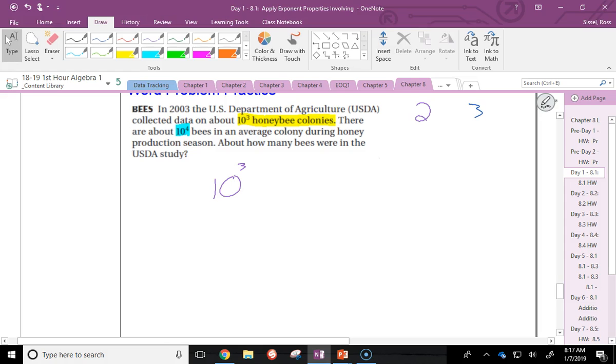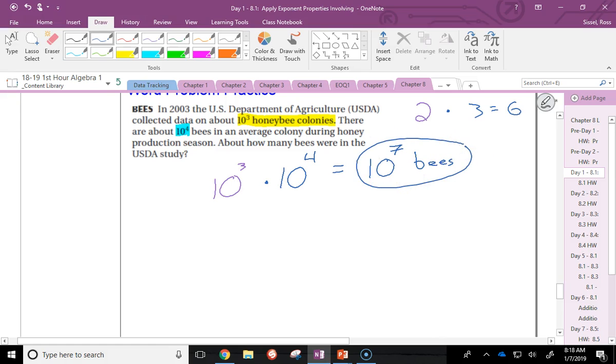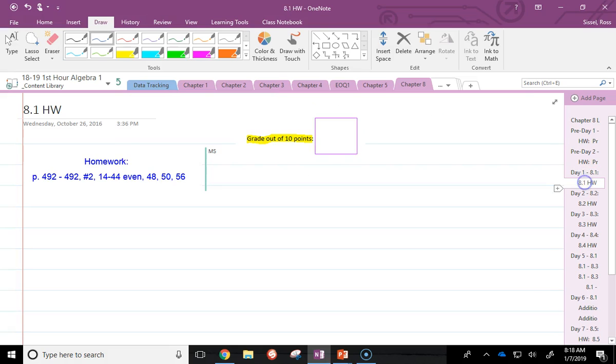You would have done 2 times 3 is 6. So here, all we're doing is 10 to the 3rd times 10 to the 4th, which gives us 10 to the 7th bees. The 2 times 3 was just an example.